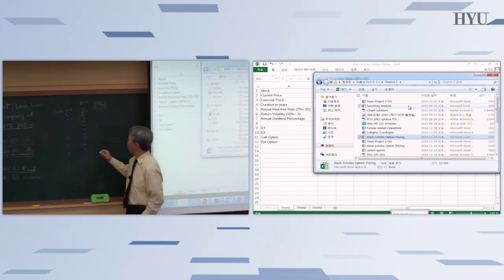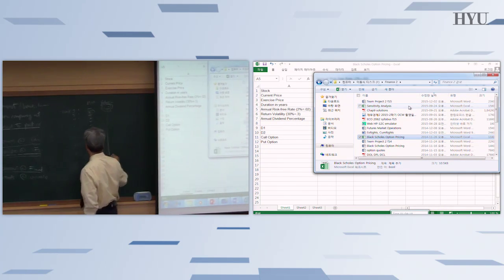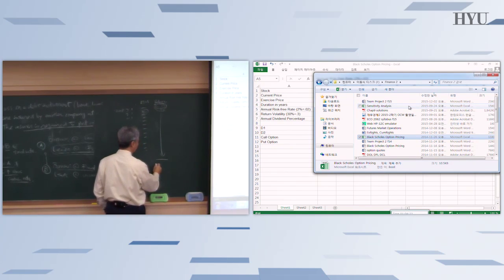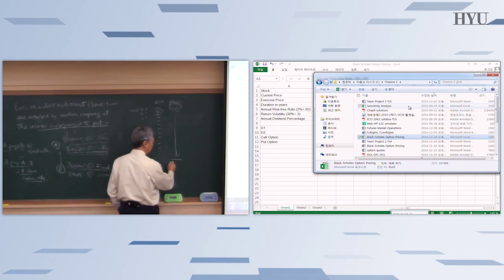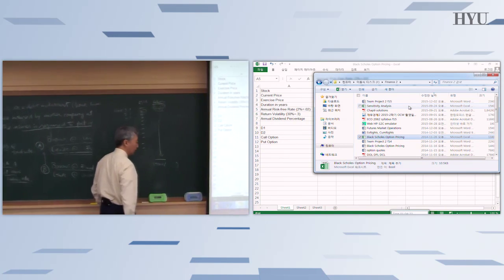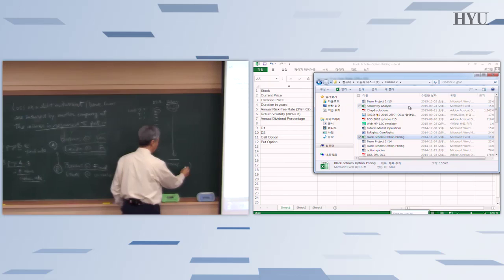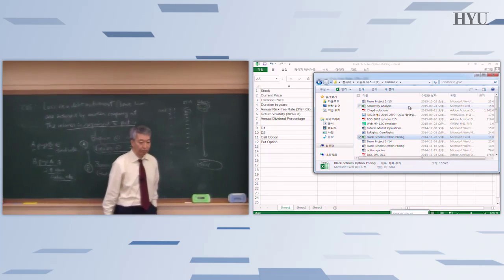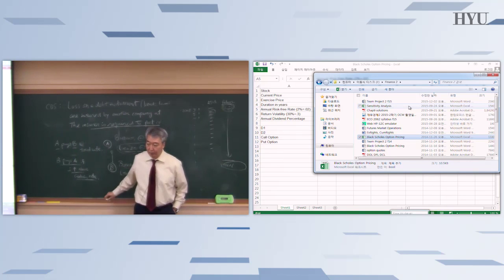So you just copy that formula all the way down. And then at the bottom, use the formula STDEV. Just highlight there. And that's going to be the standard deviation of the stock return. You can calculate it that way.